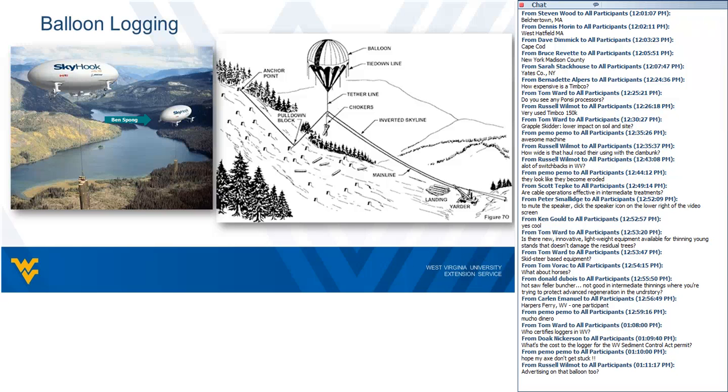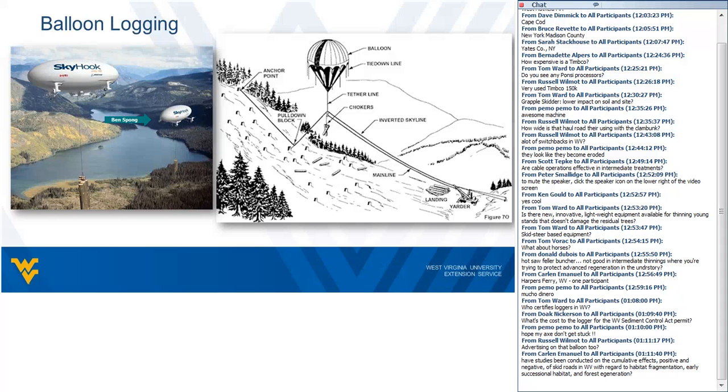And so the balloon lifts the entire balloon, but it doesn't do any of the lifting of the logs. So there's no weight necessarily on the balloon because it's already up in the air. And then each of those little helicopter rotors will do the lifting and also control moving the logs into the landing. So sort of a mix between balloon and helicopter logging in this case, and sort of a neat technology. Of course, I think this is more of a proof of concept right now.